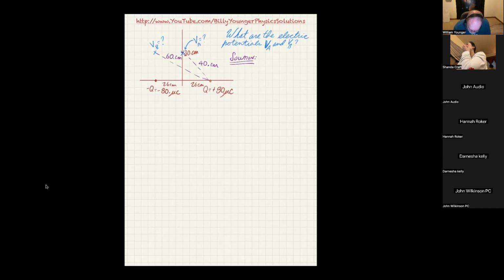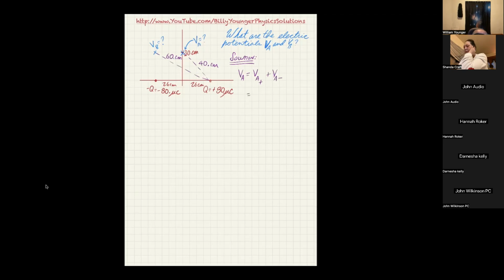So let's begin. V sub A is equal to the V at A due to the positive charge plus the V at A due to the negative charge.